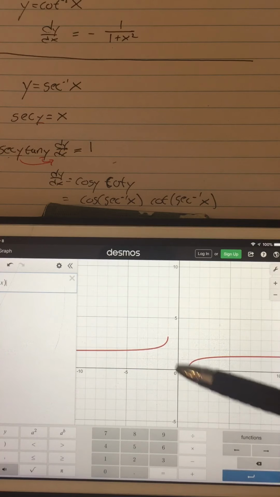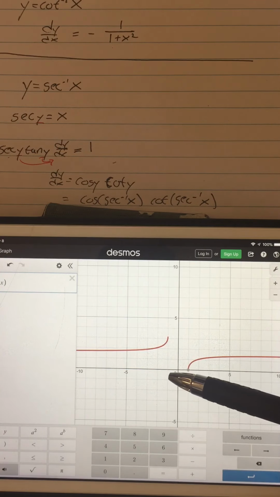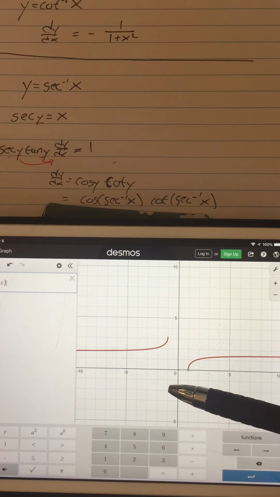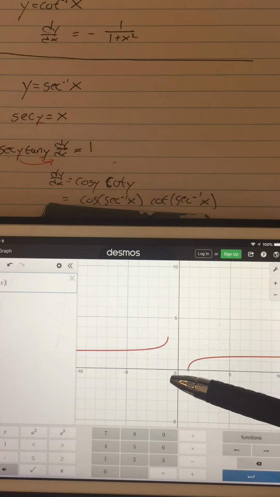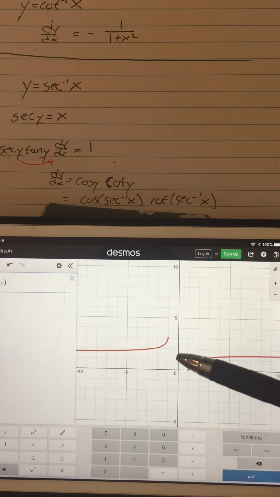We could figure that out, but it's inverse secant of whatever that is. I suppose that's 1. Inverse secant of 1 is probably pi. Yeah, that's pi right there.